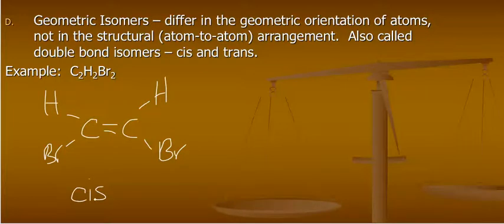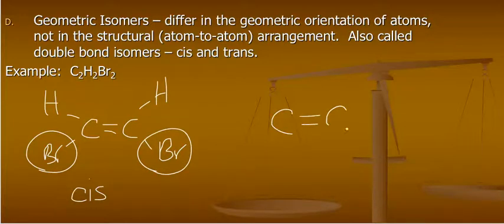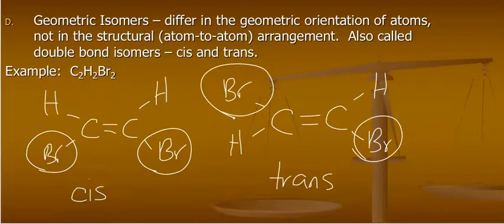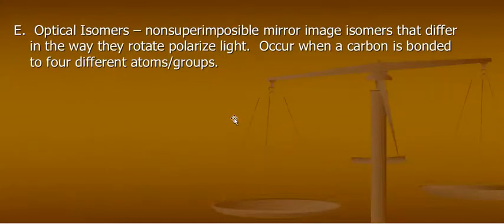Since there's no free rotation around the carbons, the bromines will always be on the same side. I could also draw this isomer with the bromines on opposite sides, and this would be called a trans isomer because, again, the bromines would always be on opposite sides because there's no free rotation around the carbons.